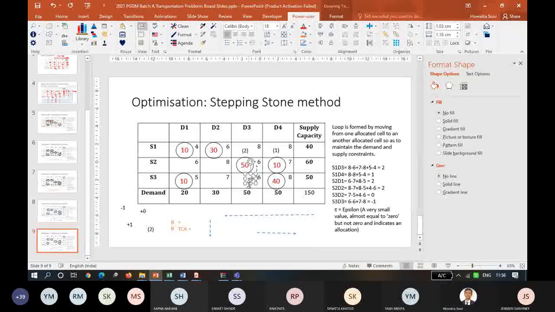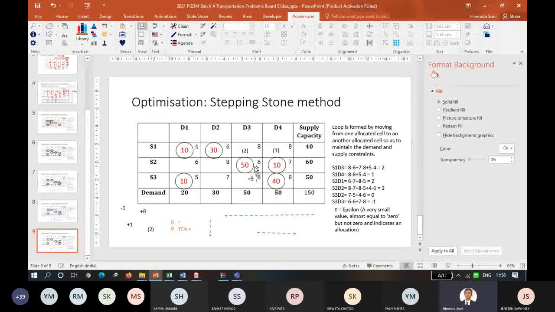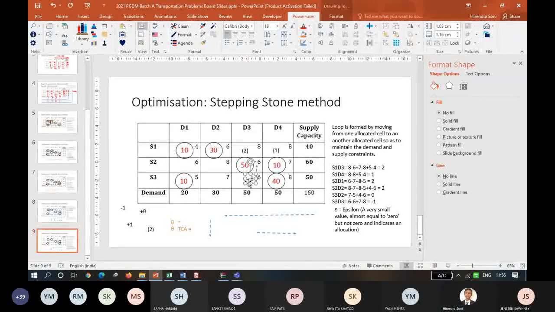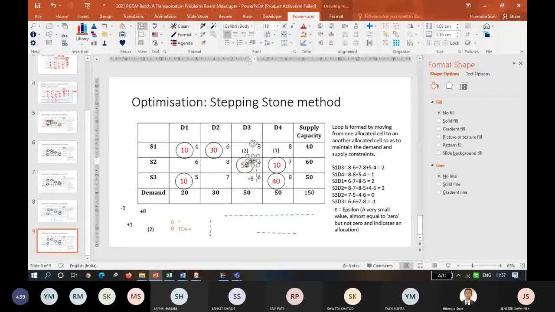Fine. उसके बाद में if I am adding here, then I will have to subtract it from the other one. It would be minus theta there.